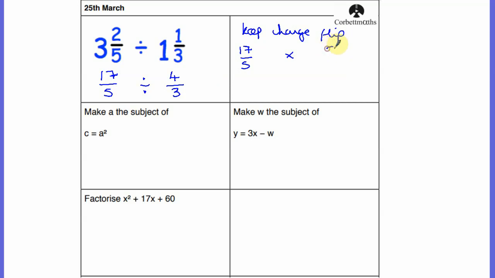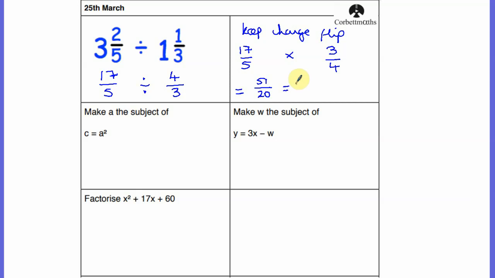So instead of being 4/3, it's now 3/4. And we go ahead and multiply these as we would usually with multiplication. So 17 times 3, that's going to be 17, 34, 51. And 5 times 4 is going to be 20.